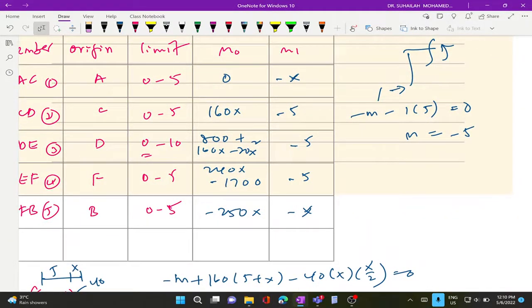Okay, it is negative X. We continue one by one.